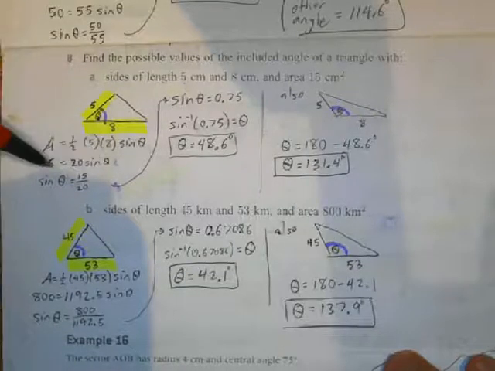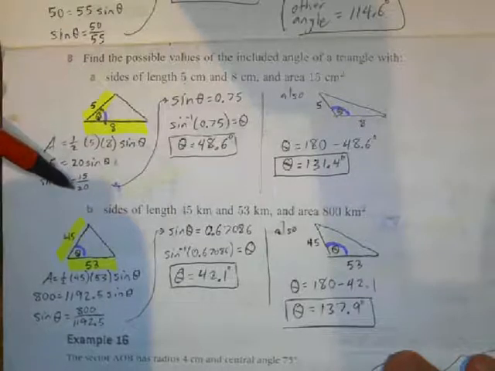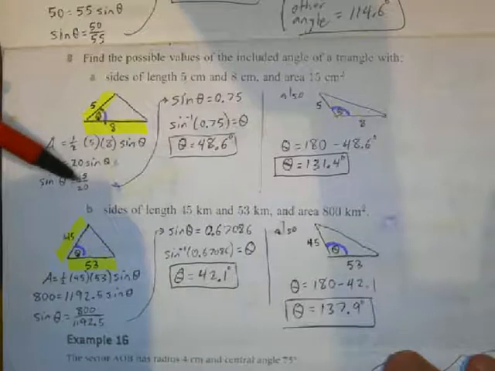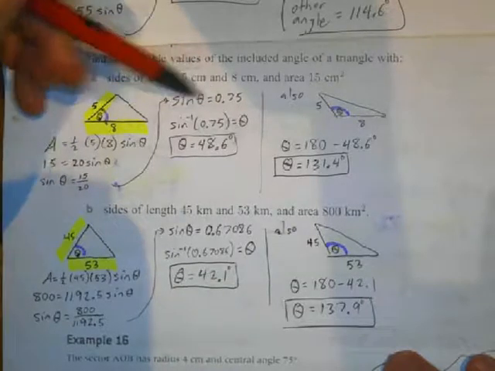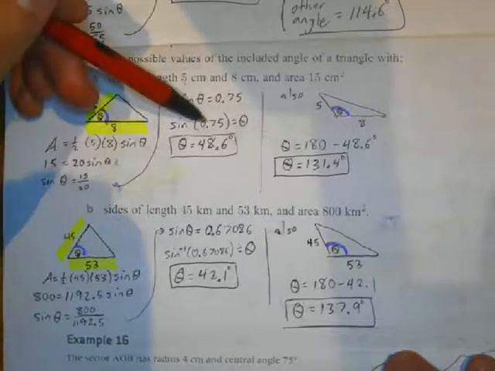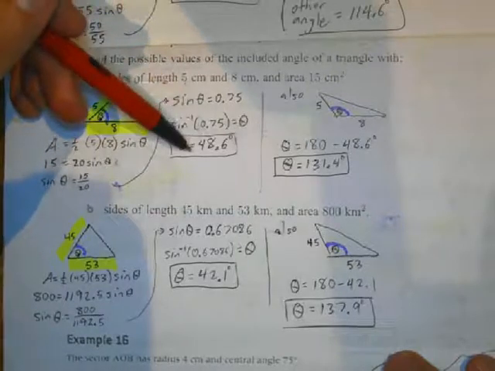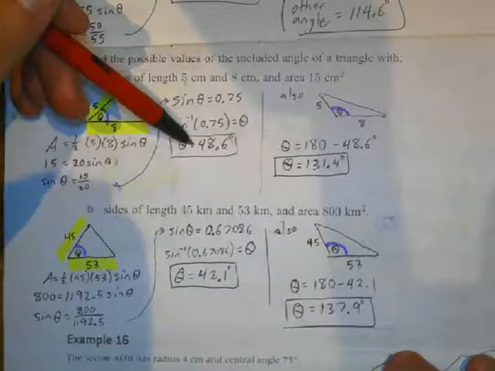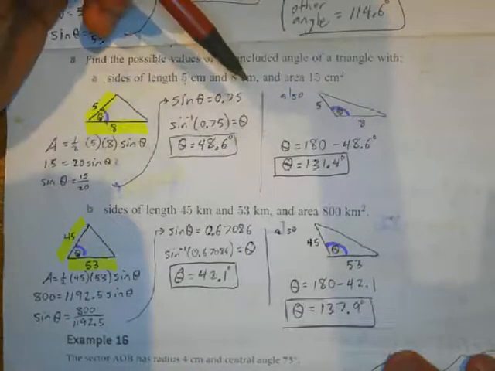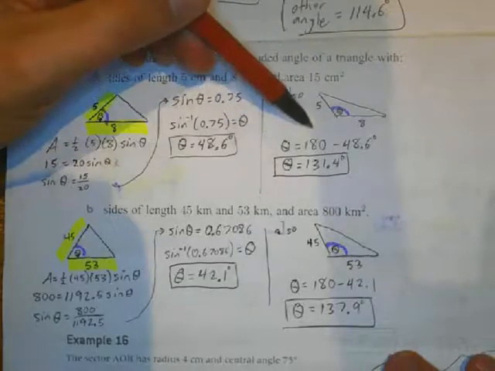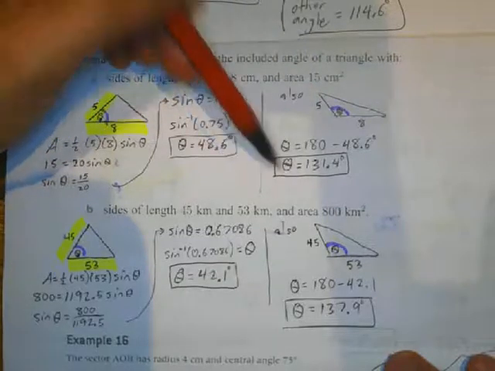Divide both sides by 20, and I get sine of the angle is 15 over 20, which is 0.75. Then I hit second sine 0.75, and I get my angle. To figure out the other angle, in case it's obtuse, I can do 180 minus this value, and that gives me my other angle.